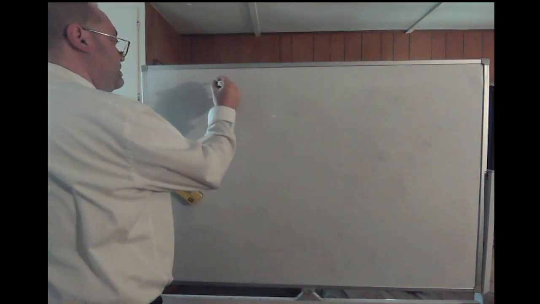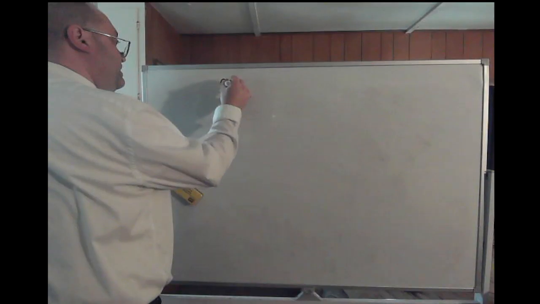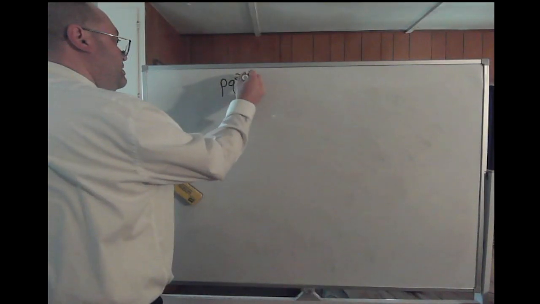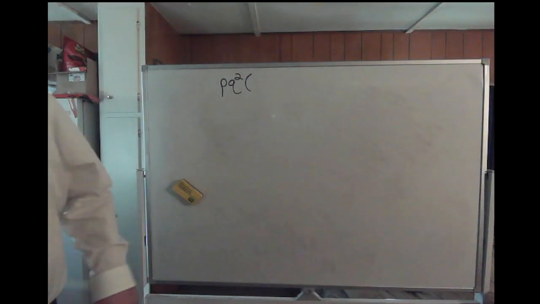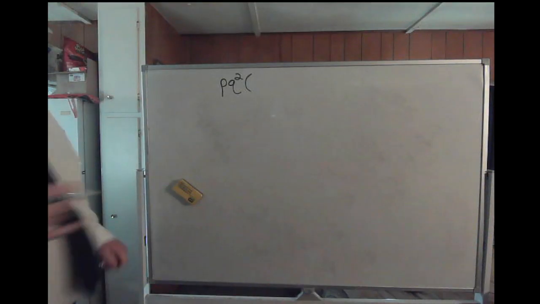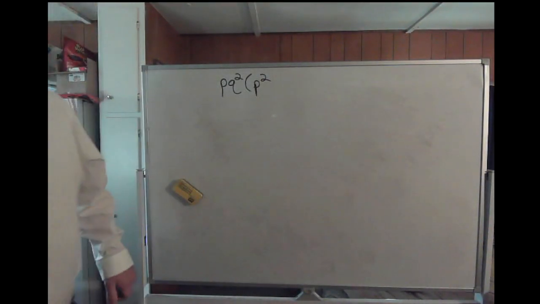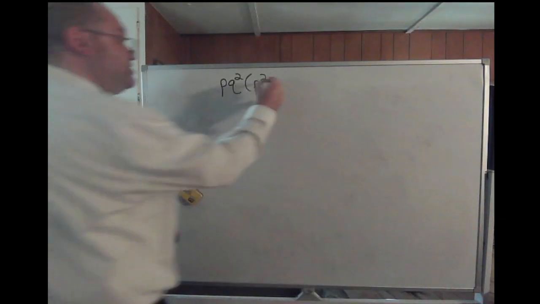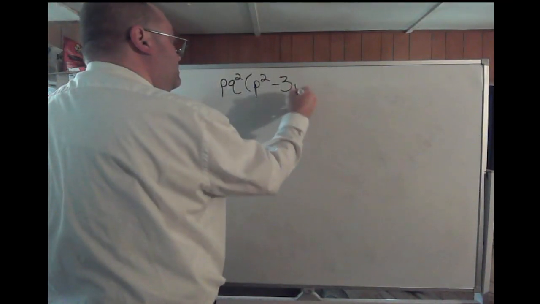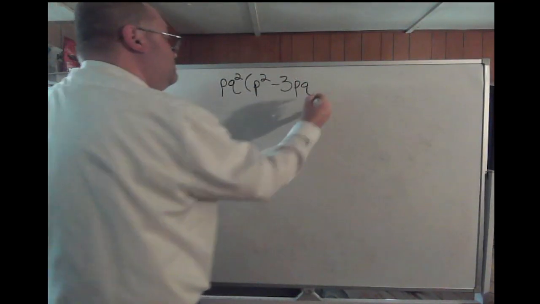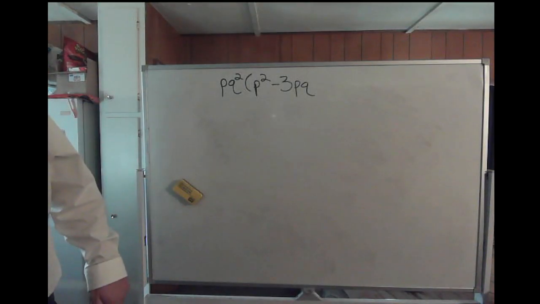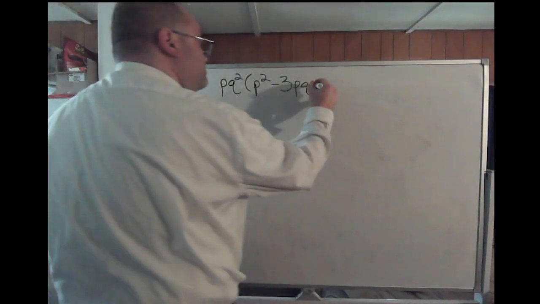Alright, let's see. We have pq squared times the quantity of p squared minus 3pq minus 4q squared.